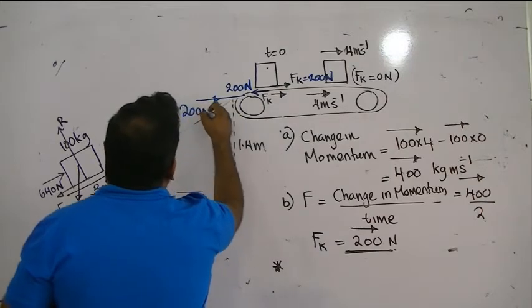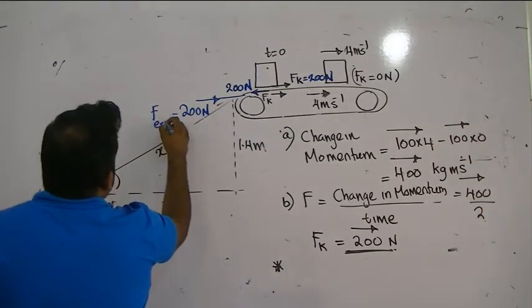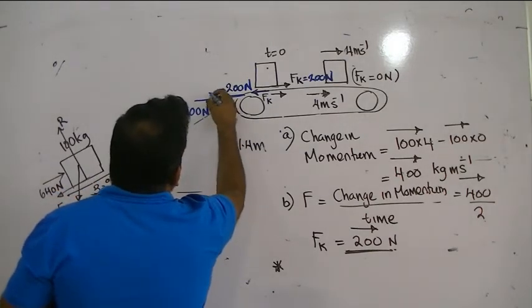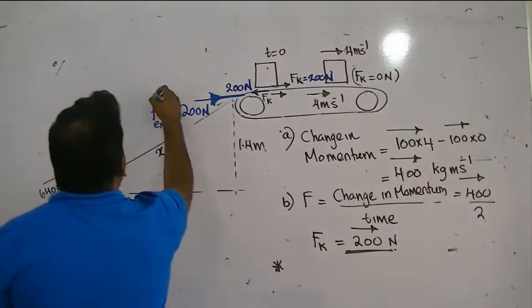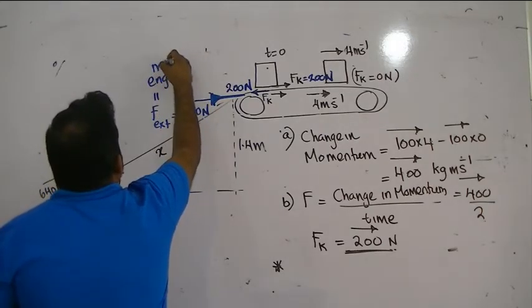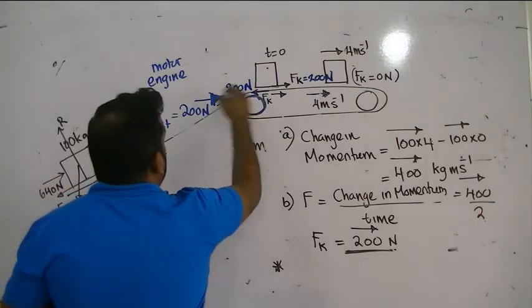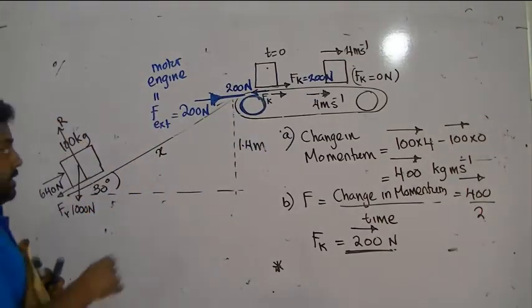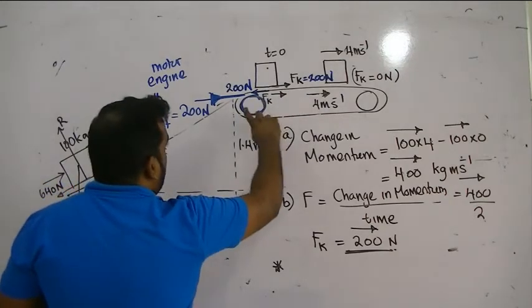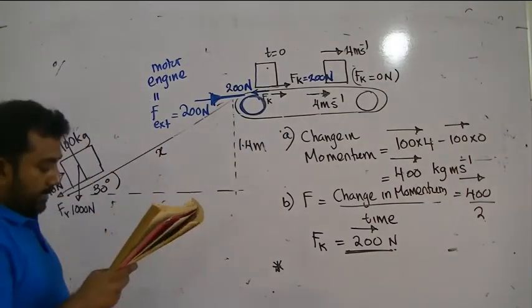Somebody must apply an external force. Who is applying an equal opposite external force? It is applied by the motor engine connected to the conveyor belt. So this 200 will cancel off and the belt will keep traveling with a constant speed.